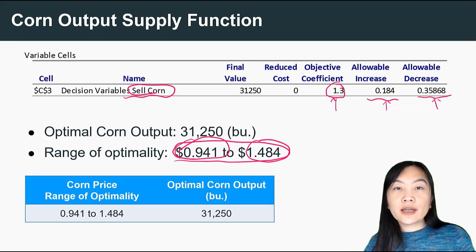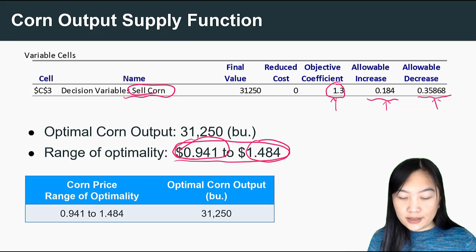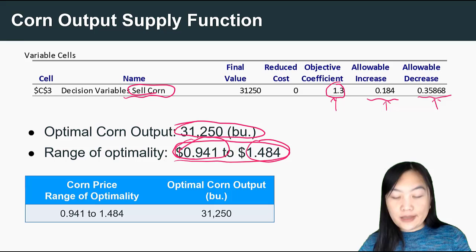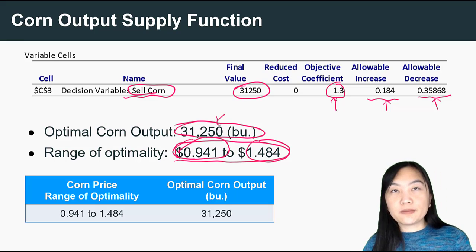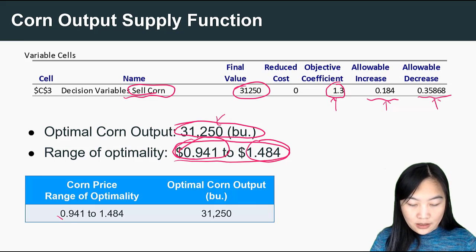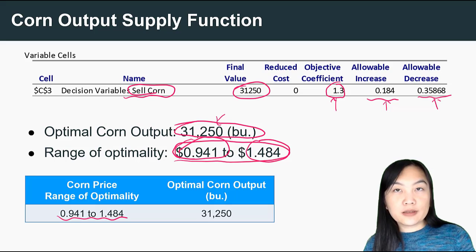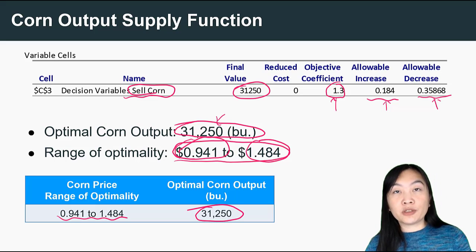That's how you get the range of optimality. And if it's within that range, then the corn that the producer is willing to sell is this number. So this is your optimal solution. So we can write it here. That's the corn price. If the corn price is within that range, then this is the amount that the producer is willing to sell.